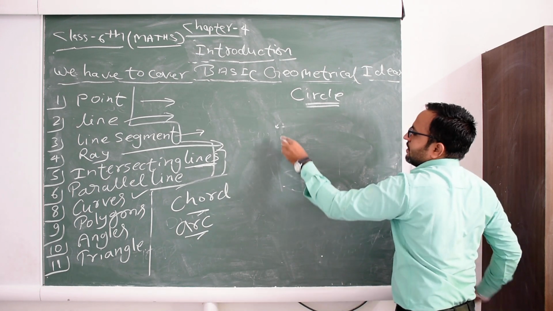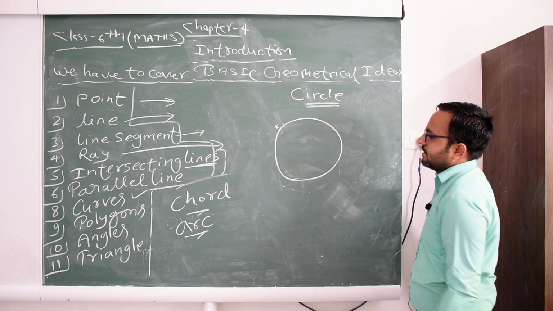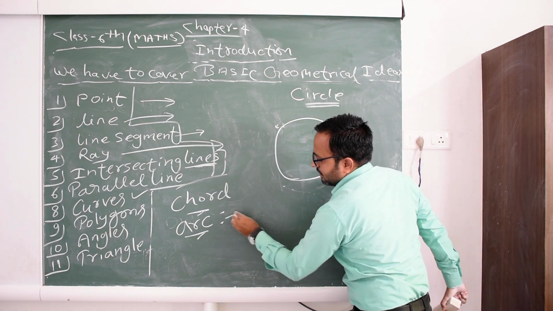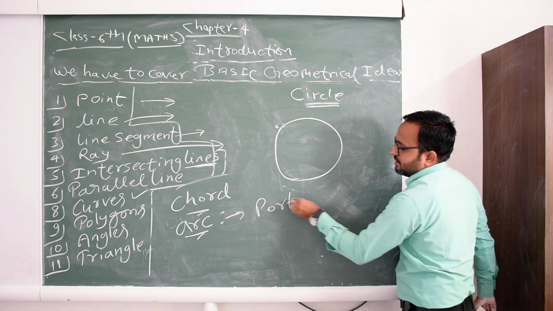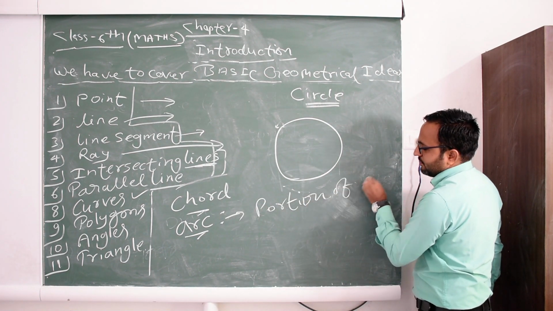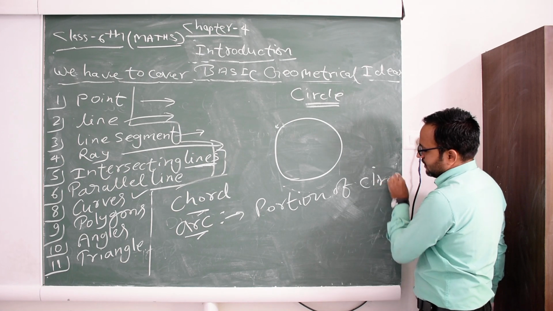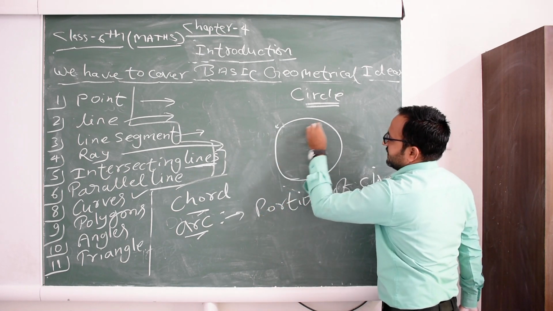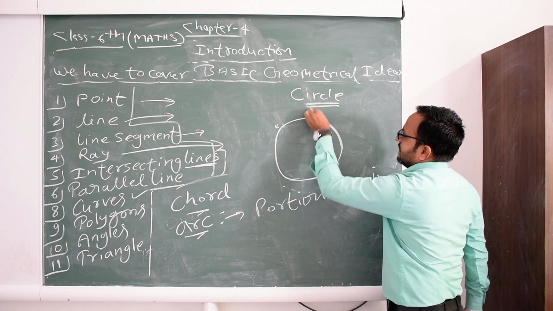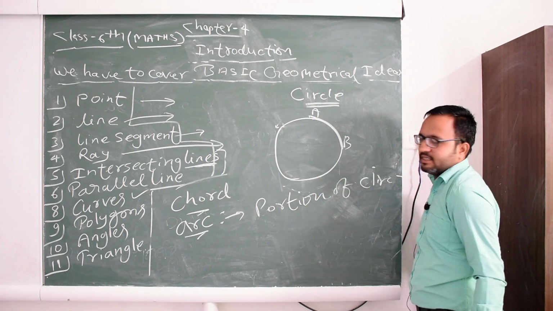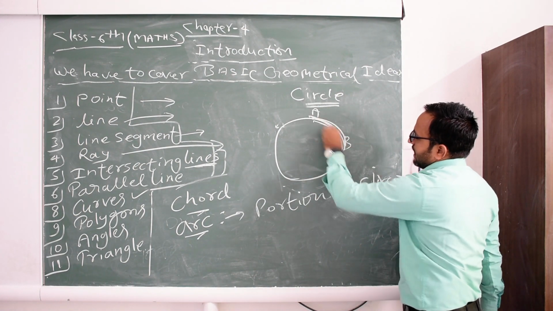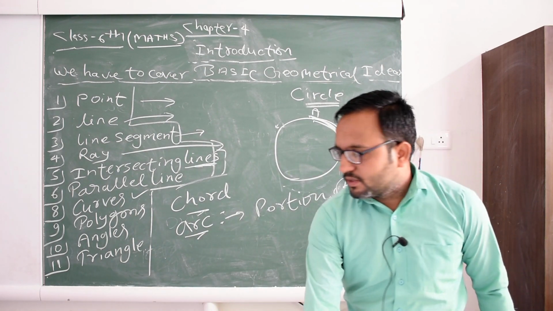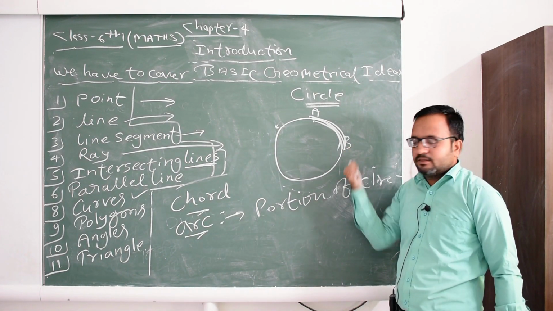Arc is also called a portion of a circle, also called a piece of a circle. If we denote this, AB is an arc of this circle.